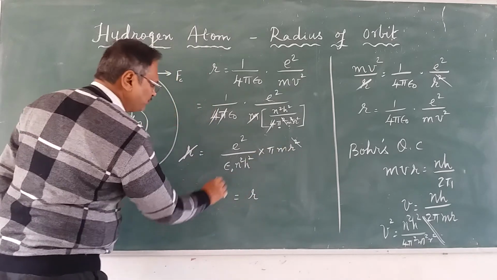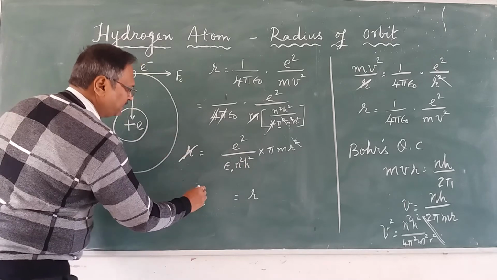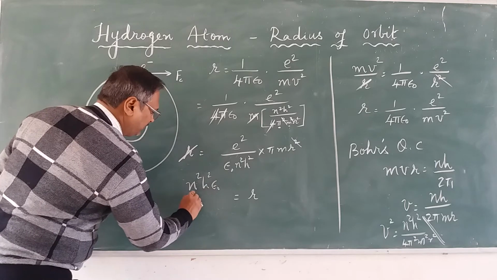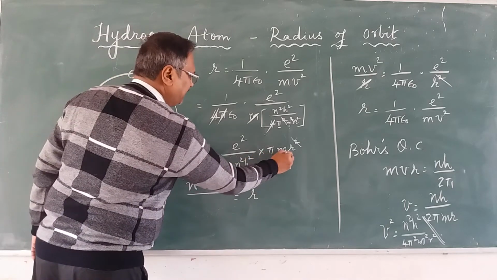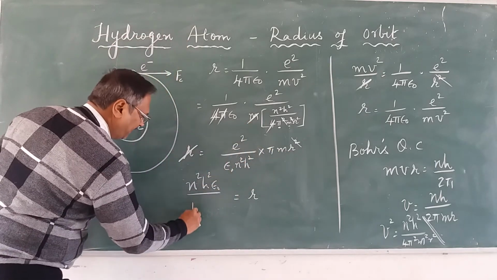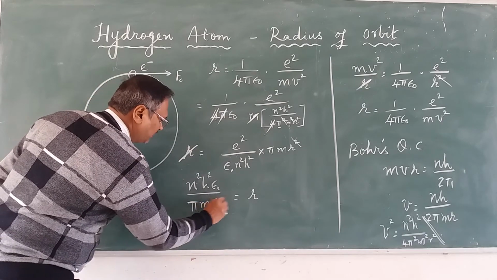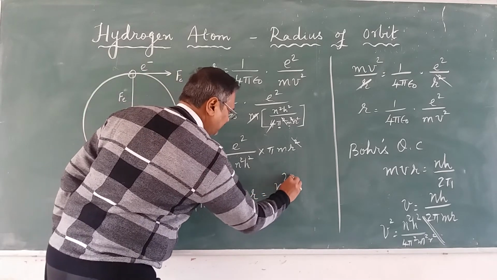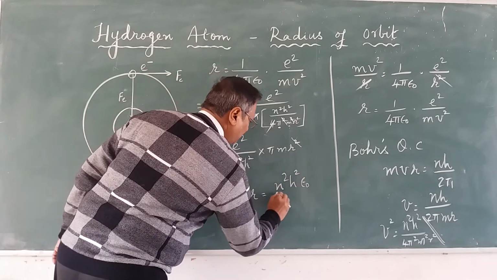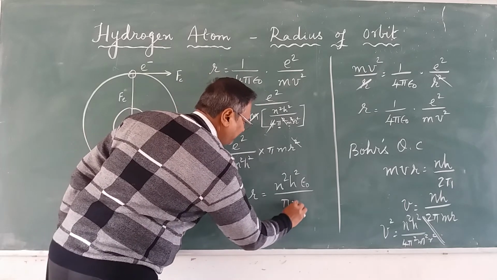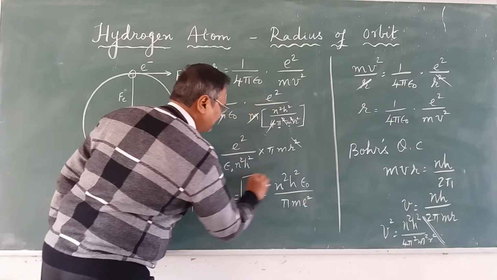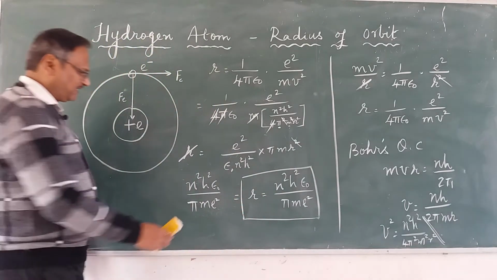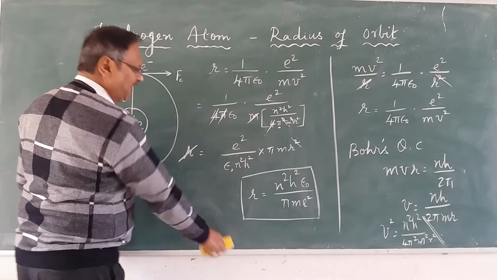R is equal to, let me cross multiply. n square h square epsilon naught divided by pi m e square. So can I say r is equal to n square h square epsilon naught divided by pi m e square, and this is the formula for the radius of the orbit of the electron in the hydrogen atom.